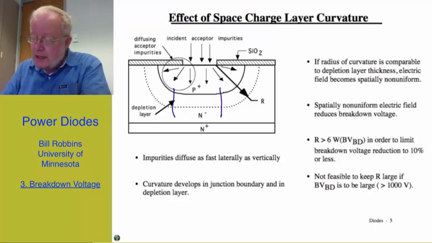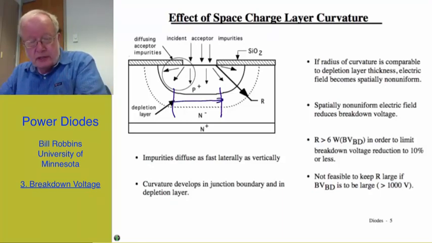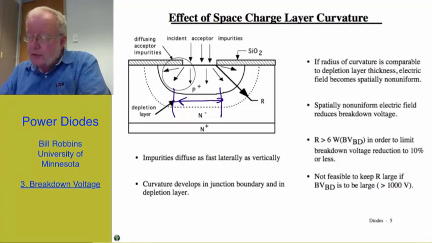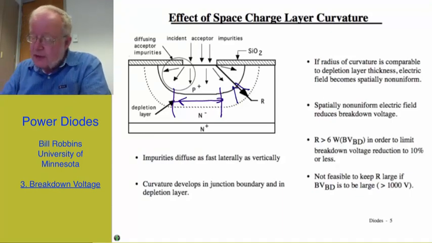we would estimate the breakdown voltage on the considerations that we just highlighted. However, the actual breakdown voltage is going to be less than that because there are field crowding problems here where the radius of curvature is fairly small.